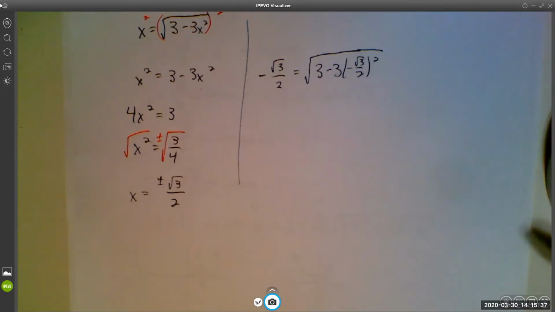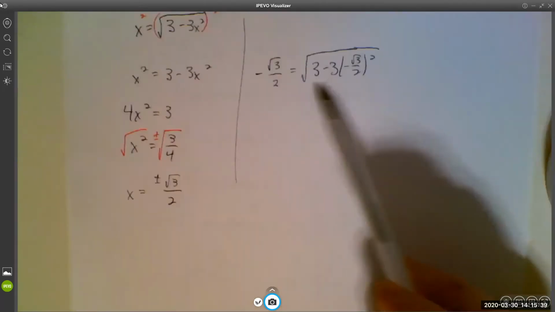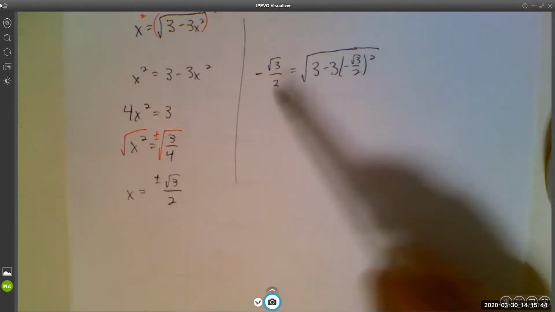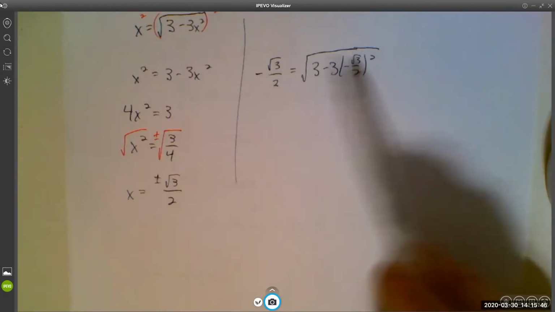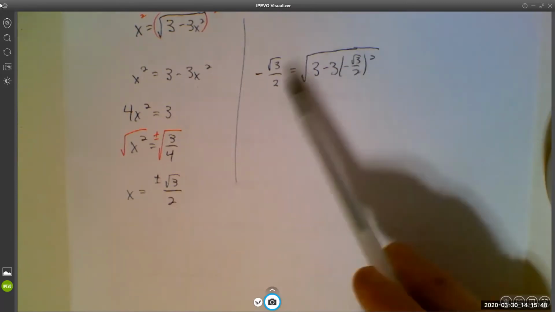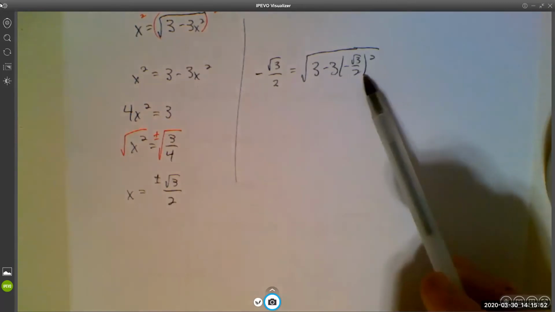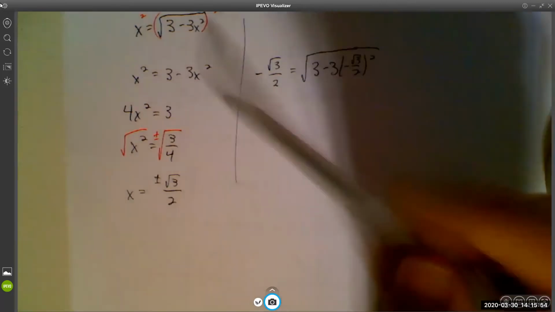That's an issue, right? No matter what's going on in here, if the radicand is positive, the square root's going to be positive. If the radicand is negative, the square root's going to be imaginary. So you're not going to get negative root 3 over 2 out of this stuff, right? So I don't think that's a solution.